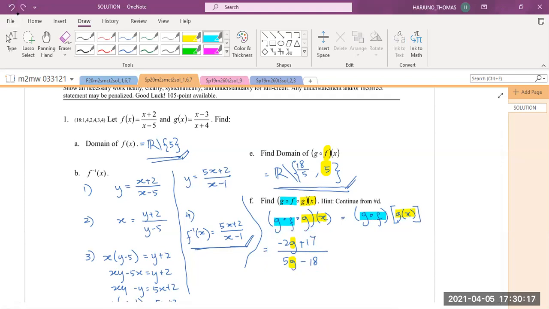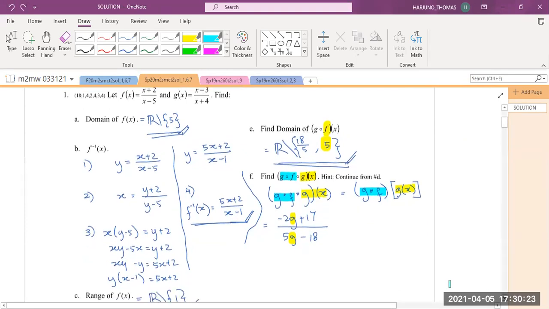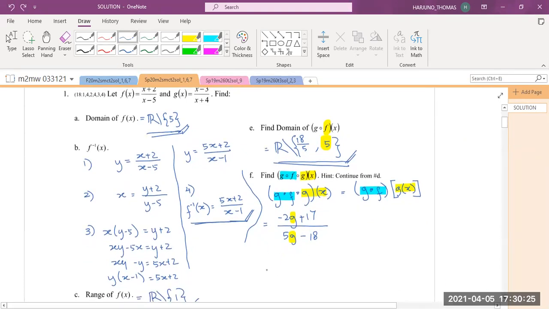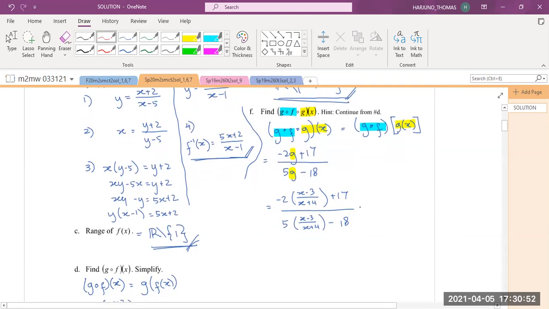Now everything after this is algebra. Okay, (x minus 3) over (x plus 4). So this is negative 2 times (x minus 3) over (x plus 4) plus 17, over 5 times (x minus 3) over (x plus 4) minus 18. Now everything after that is again just algebra. So multiply the top and the bottom by x plus 4.